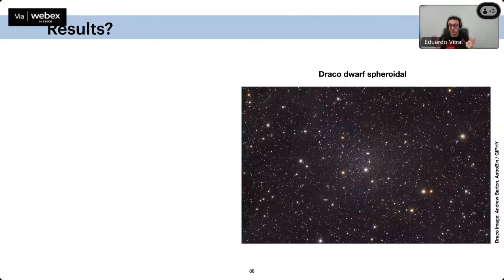That's one of the reasons we chose to study the Draco dwarf spheroidal: we believe through other observations that it's pretty much in dynamical equilibrium, and therefore we can apply all of our machinery to understand it.